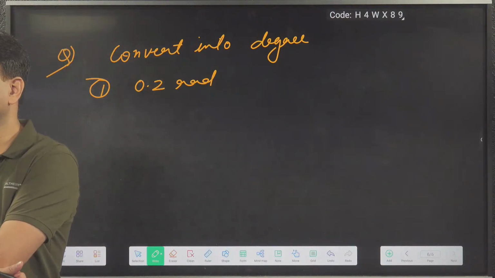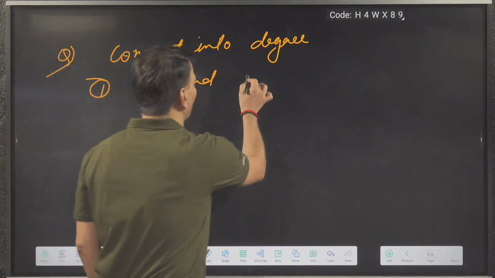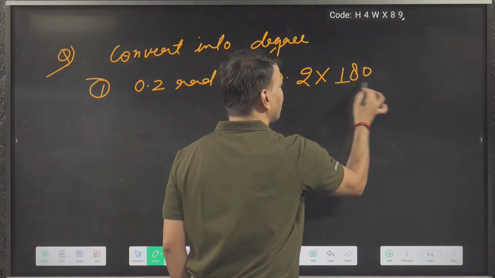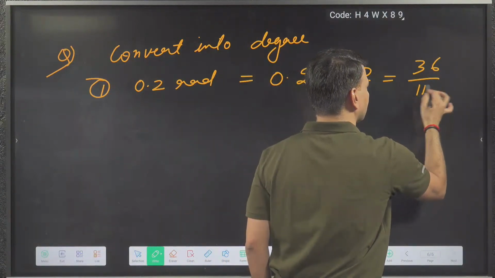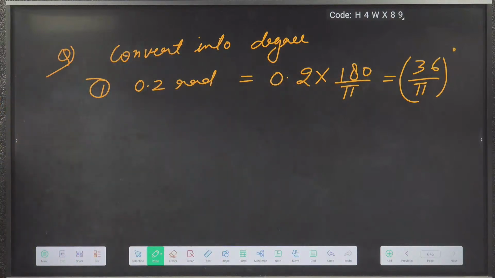Radian to degree you multiply with 180 by pi. So directly we can do it, no need to do all this. That is 0.2 into 180 by pi. Now this becomes 36 by pi degree. Okay, now I think everybody got it.